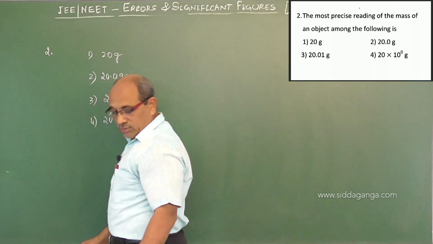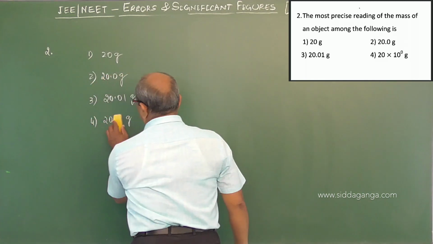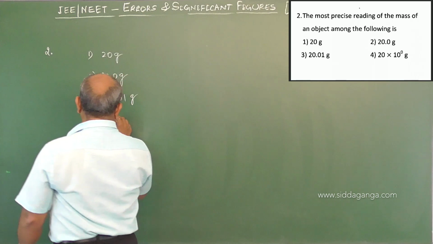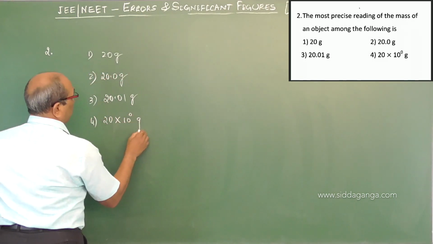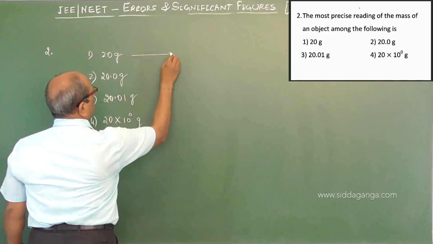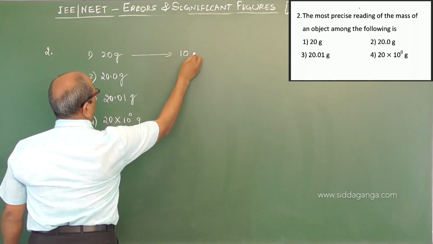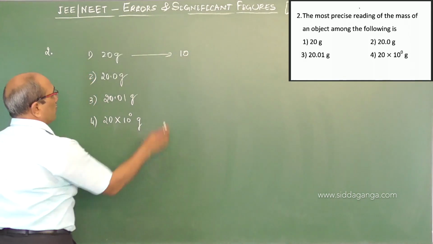So almost you are seeing 20 into 10 power 0 gram. So 20 gram is a whole number, I can take it as to the order of 10.